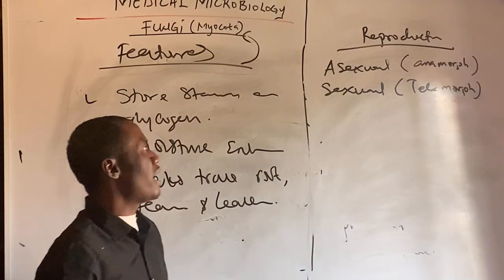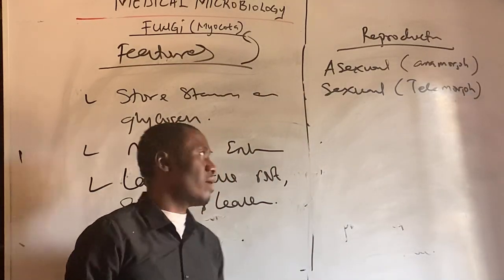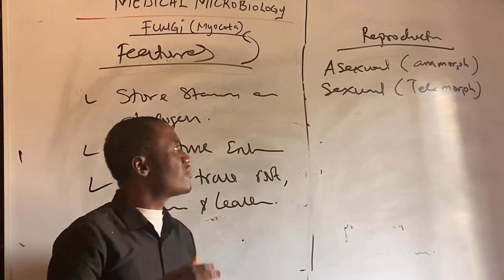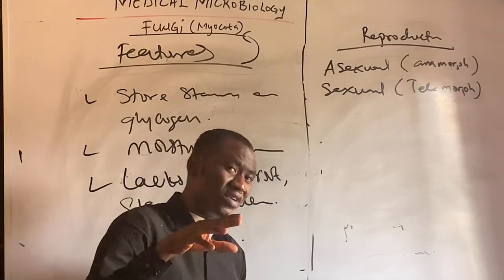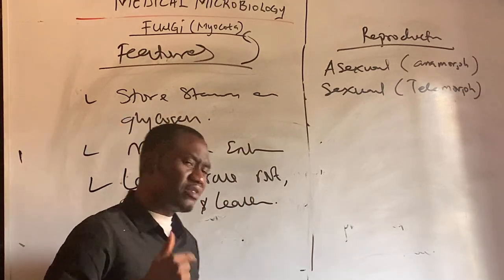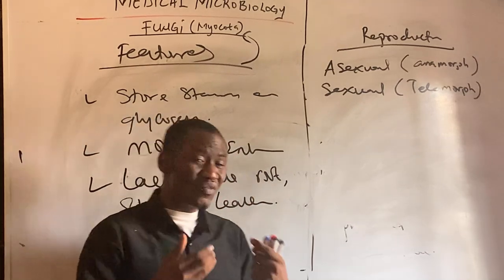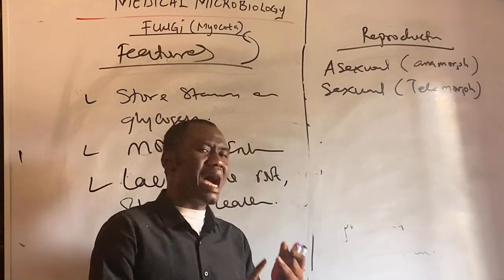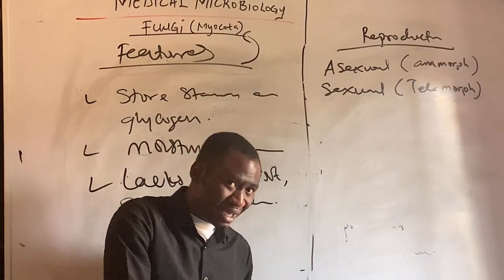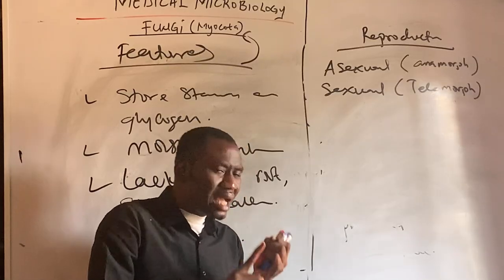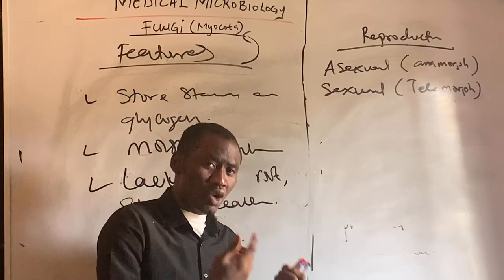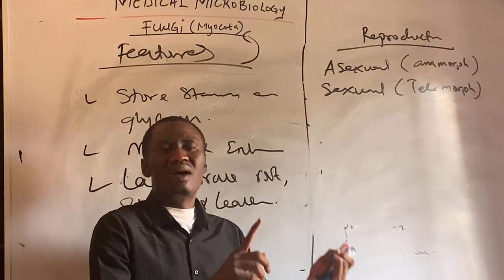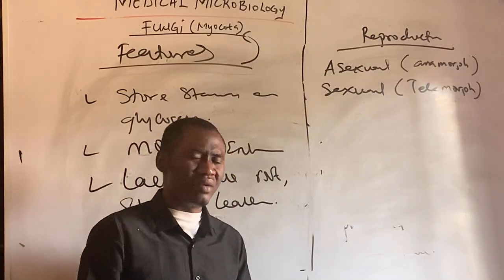Anamorph and then the teleomorph. Now, in the vegetative reproduction of fungi, fungi tend to reproduce by fragmentation, by spore formation, and binary fission. I take that again. It can undergo asexual, vegetative reproduction by spore formation, fragmentation, and binary fission.